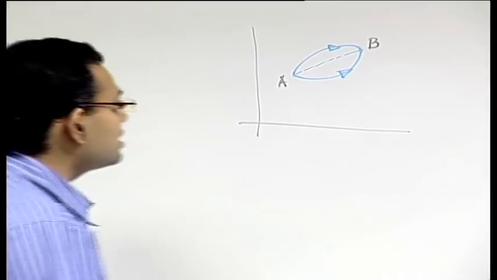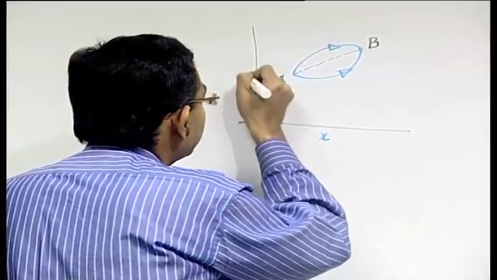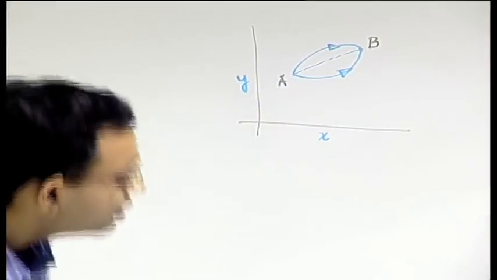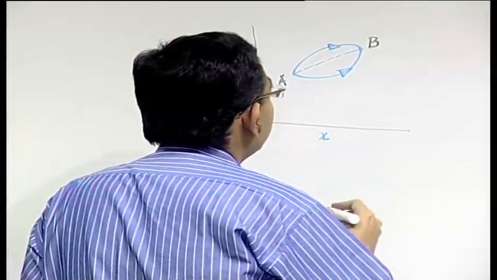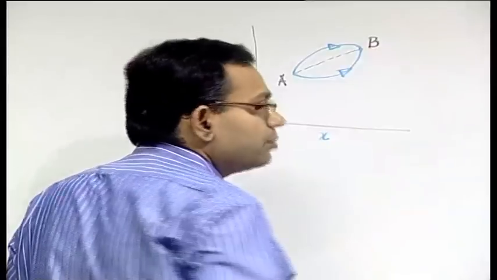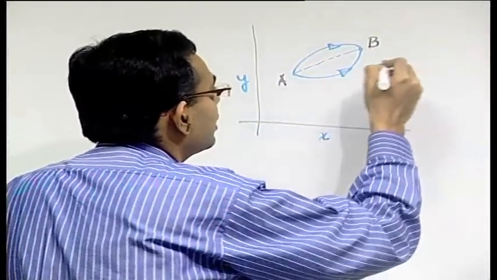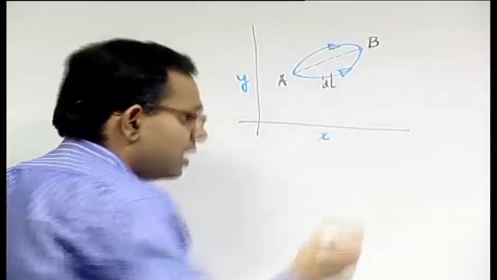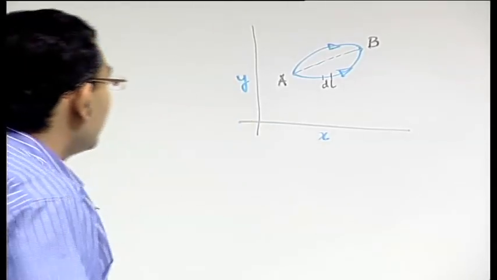Let us say that this is an xy plane, so you have this as the x axis and this as the y axis, and we are interested in the total length from A to B. Let us take any of the curves, and take a small length dl.